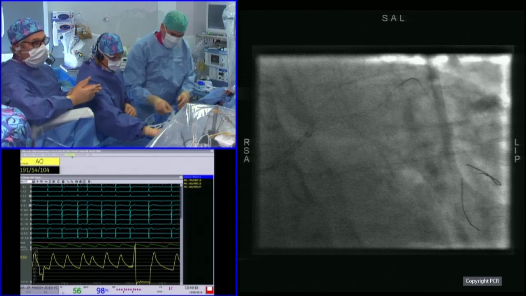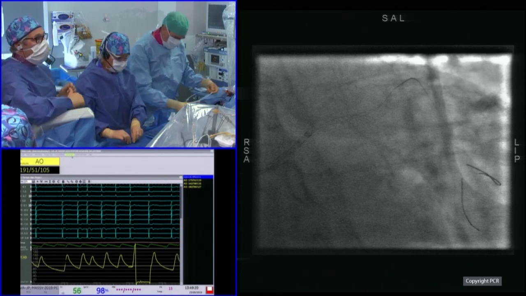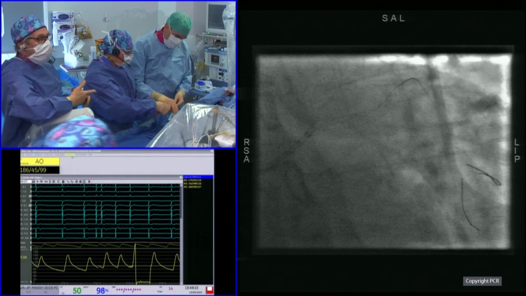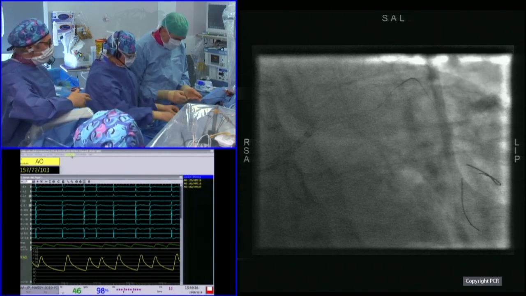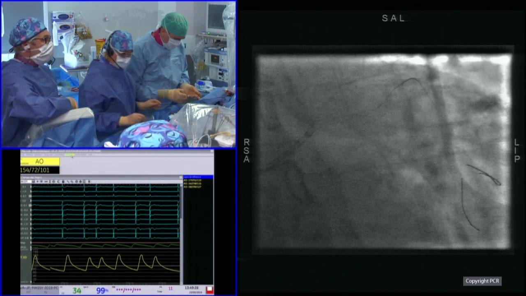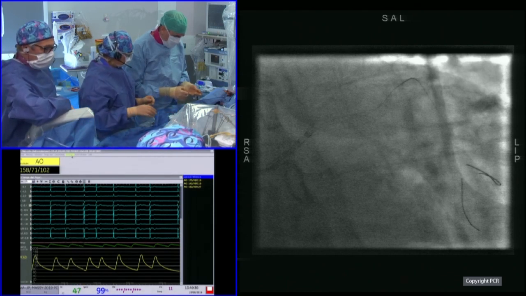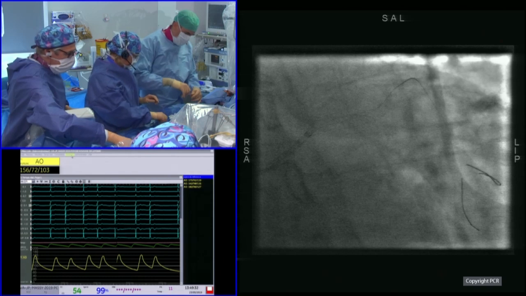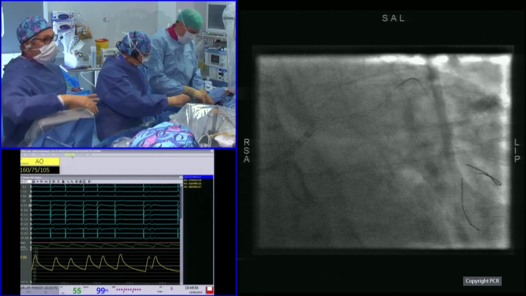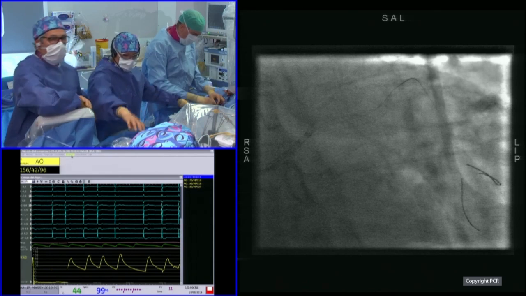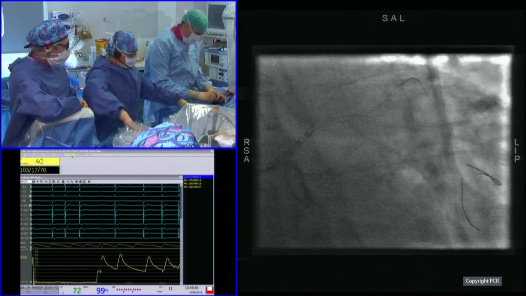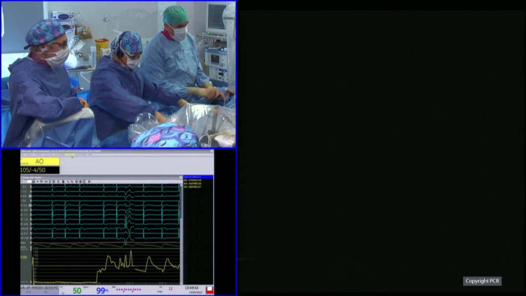It's just to open the strut in order to have optimal rheology, optimal access for the patient in the future, and no risk of colonization of the strut by neoendothelialization. Even before kissing balloon inflation, FFR will be negative.